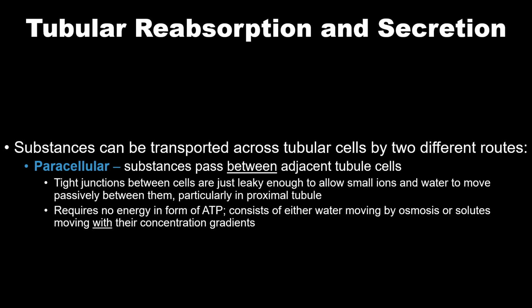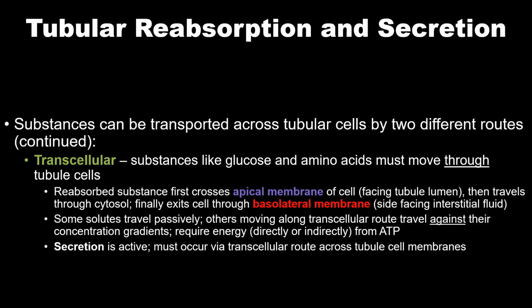And secretion is an active process, so it has to occur via the transcellular route across the tubular cell membrane. It has to diffuse across both membranes into the interstitial fluid.